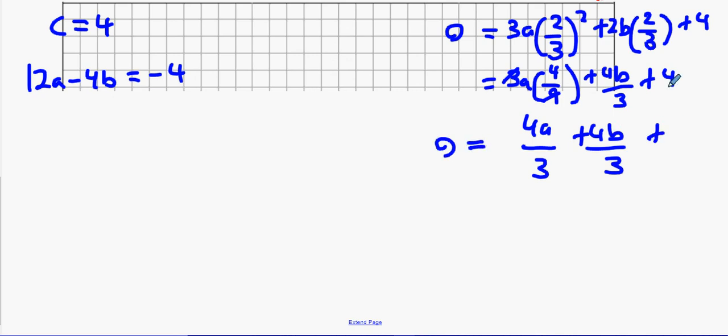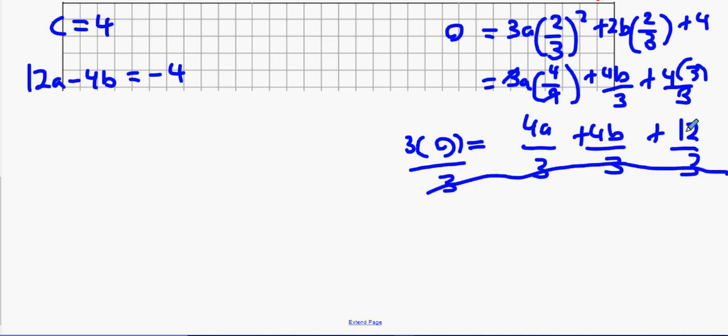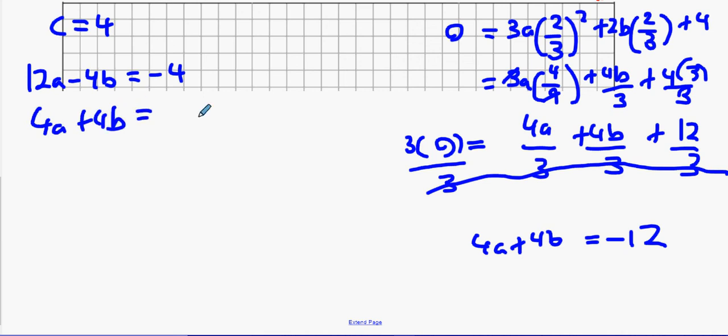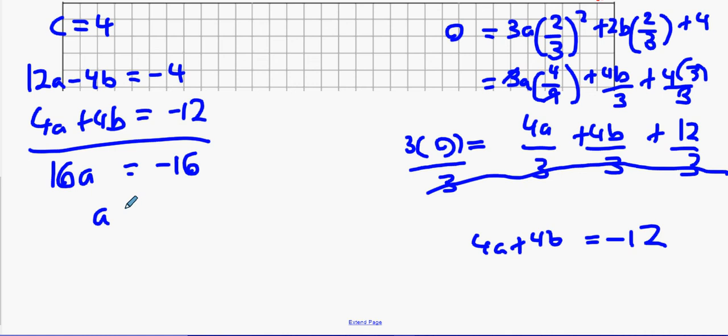Now I'm going to turn that into thirds as well, so that'd be 12 over 3. Get rid of the 3's then, because 3 on both sides doesn't matter. The 3's just cancel. And then I'm going to get 4a plus 4b equals minus 12. Now I have my 4a plus my 4b equal to minus 12. Then I'm going to have my 16a equal to minus 16. I'm going to get my a value equal to minus 1.